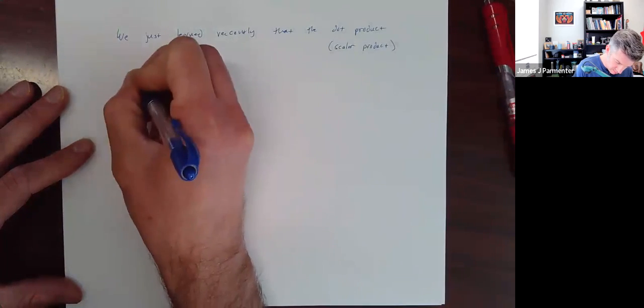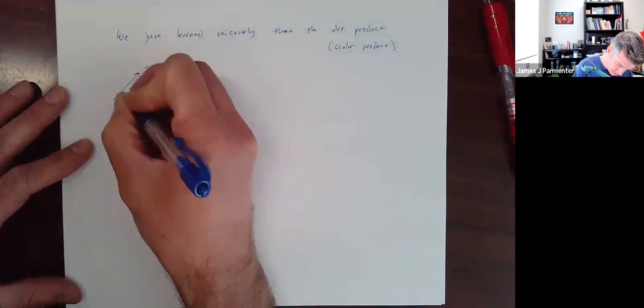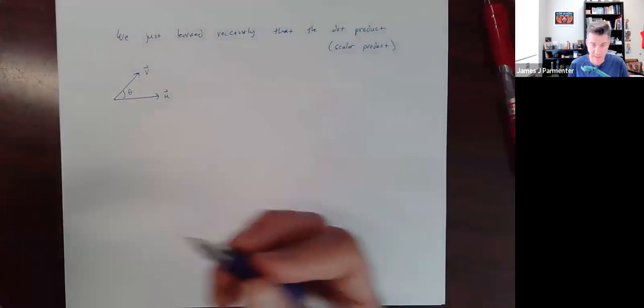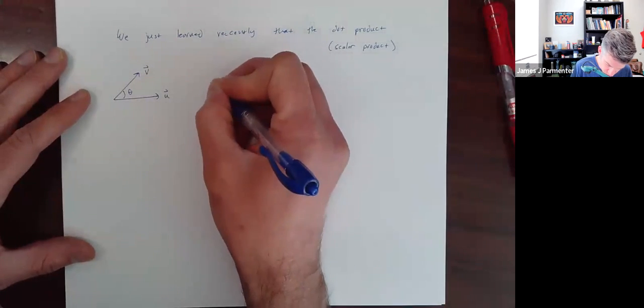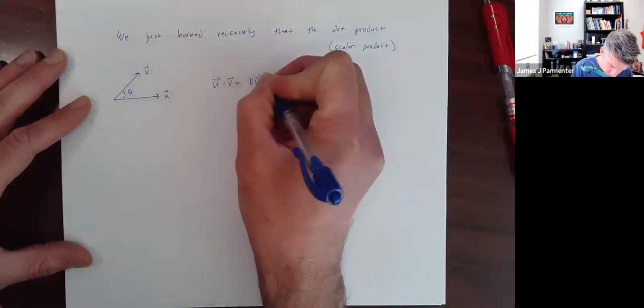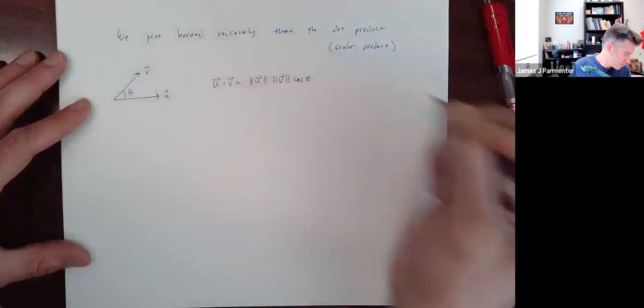Again, one more time, u, v, theta. It doesn't matter which way we write u and v, the dot product's the same either way. u dot v is equal to the magnitude of u times the magnitude of v times cosine of theta.